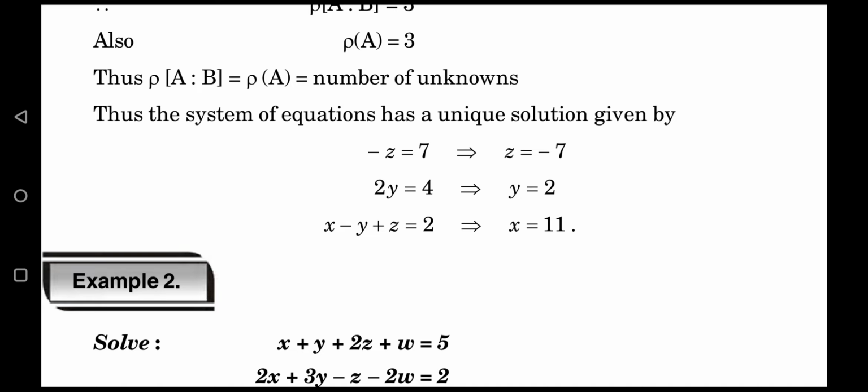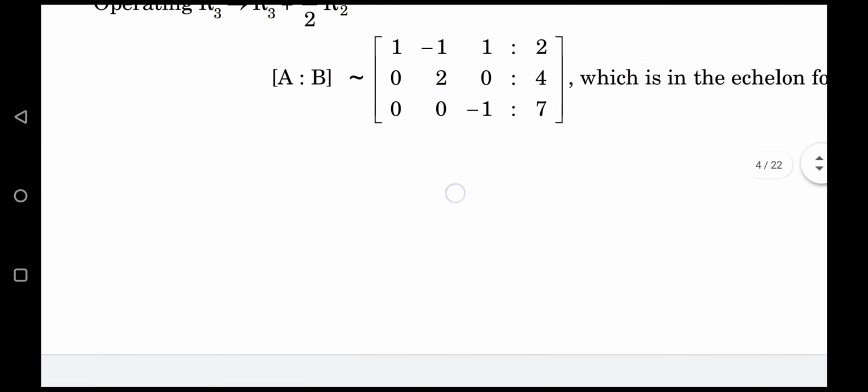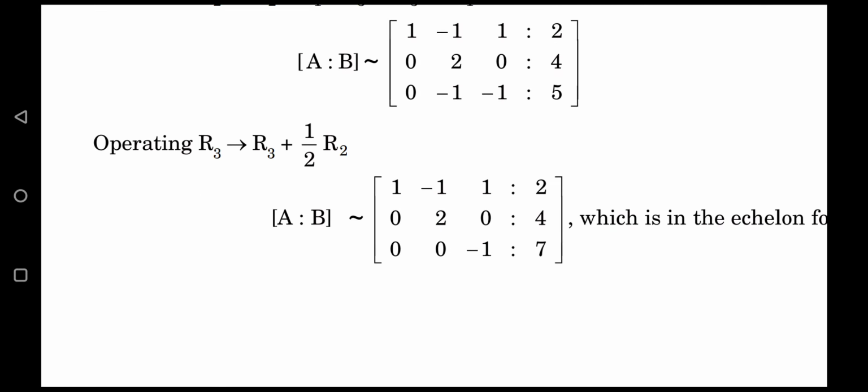Now we can find this unique solution, that is the values of x, y and z. In the first row of the A augmented B matrix in row echelon form, the members are 1 minus 1 1 2.